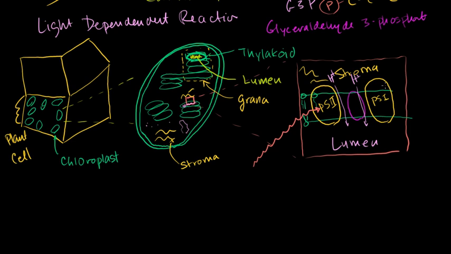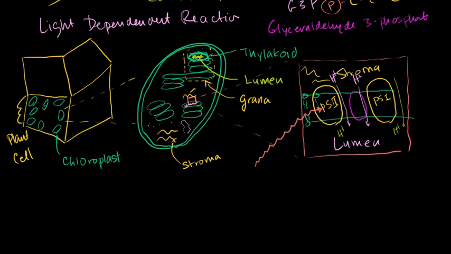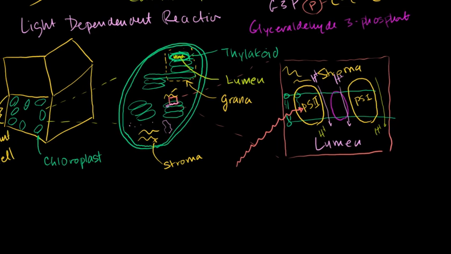But the whole time, that energy from the electrons going from a high to a low energy state is used to pump hydrogen protons into the lumen. So you have this huge concentration of hydrogen protons. And just like what we saw in the electron transport chain, that concentration of hydrogen protons is then used to drive ATP synthase.